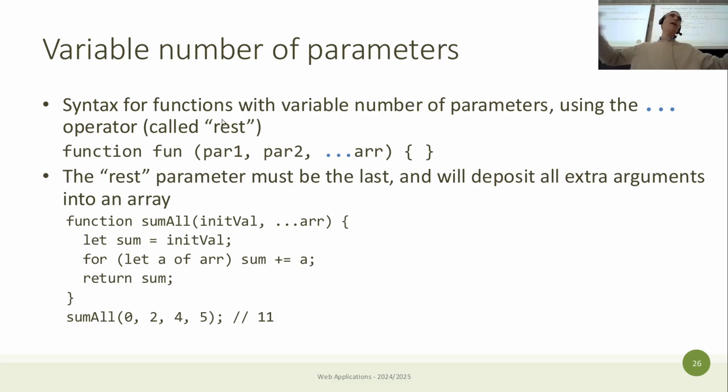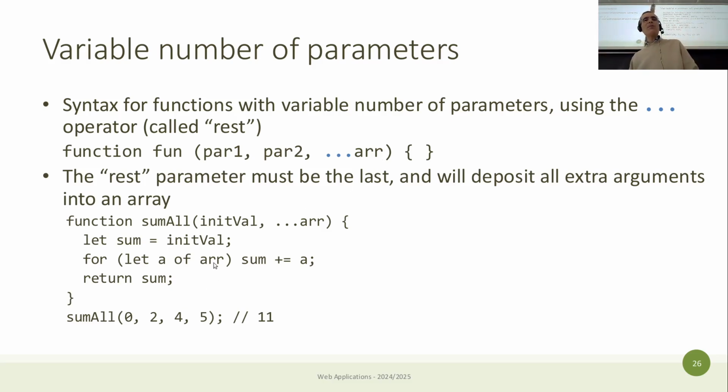Before it was spread, in the sense we spread the values over the array or object. Here we rest, I mean, we collect all the parameters into a single variable. Since there might be more than one, it will be just an array of the values.